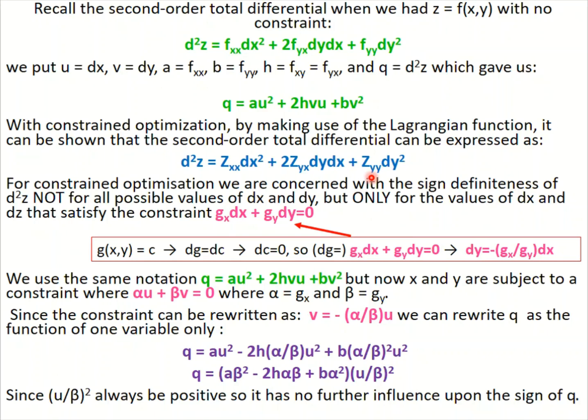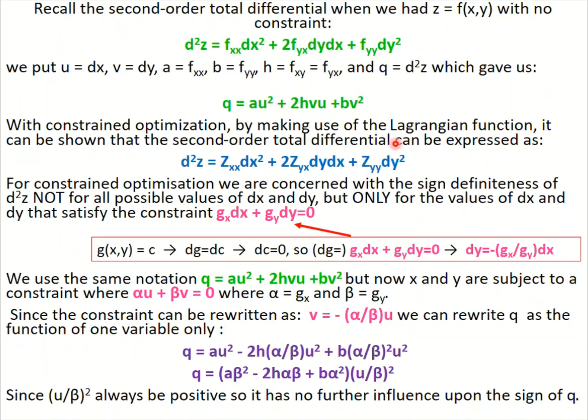For example, if we take dx as an arbitrary change, then dy has to be taken as dependent on dx, because remember, x and y under constrained optimization are linked, and together they must satisfy the constraint.